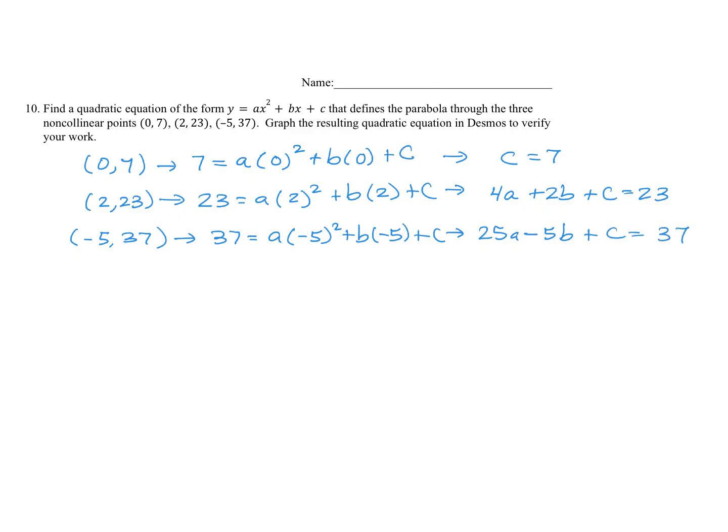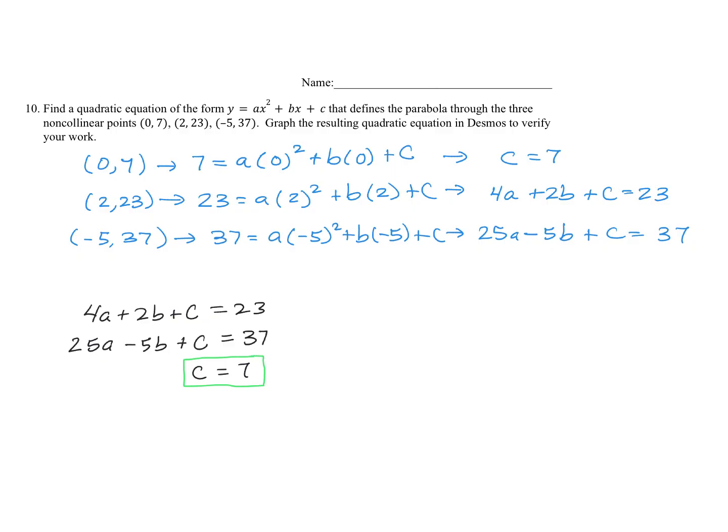So our system of equations, and you can write it in any order you want, is 4a plus 2b plus c equals 23, and 25a minus 5b plus that same c equals 37. And the third equation is a trivial c equals 7. This could be solved a variety of ways, but I think you could agree that substitution is probably the way to go, since we already have c solved for.